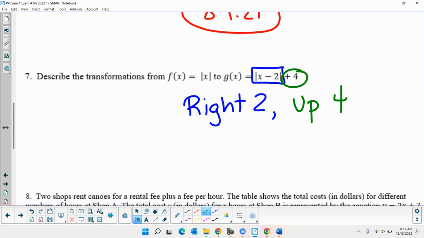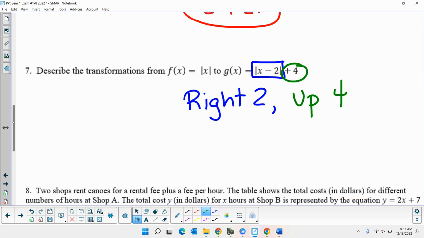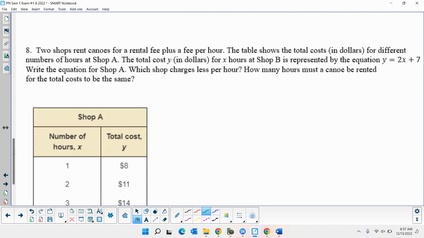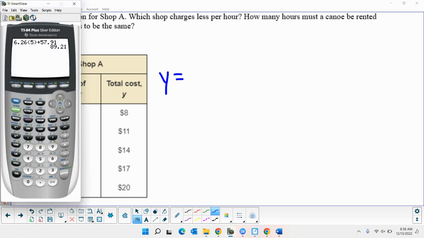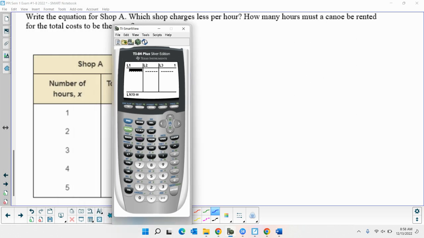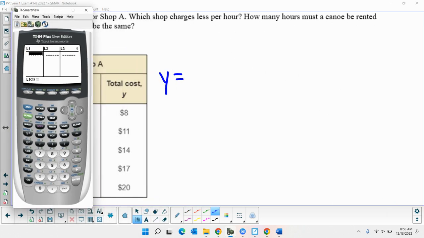Okay, the last one. We have to use our table again to get our equation for shop A. All right? So I'm going to go to stat again, hit enter for edit, and then I have to change it up. So I'm going to clear, hit enter, go left, go up, hit clear, hit enter, and then I can put in my numbers, which are 1, 2, 3, 4, 5 for the x.